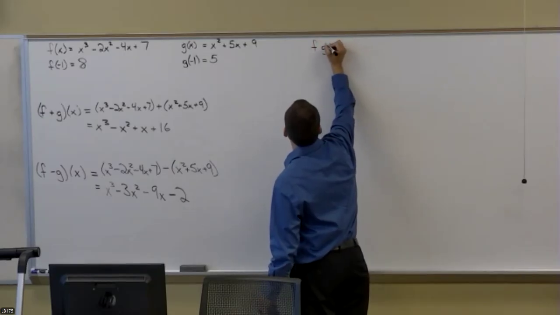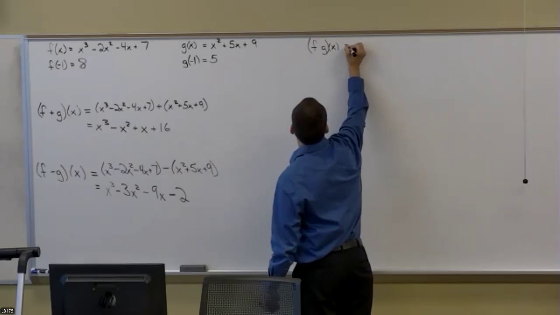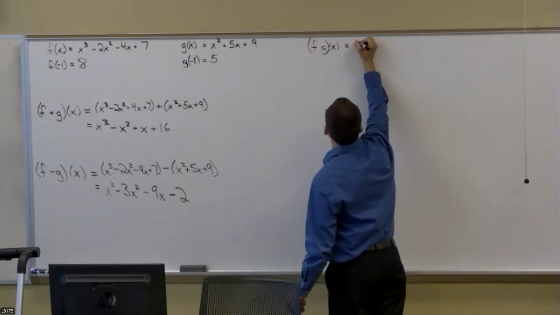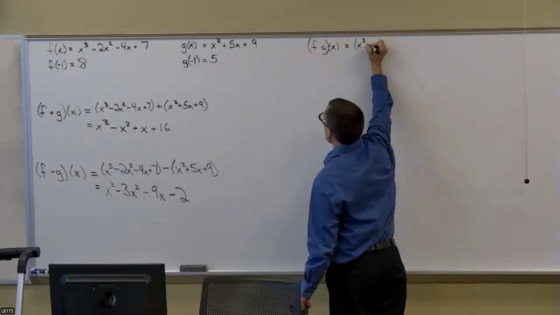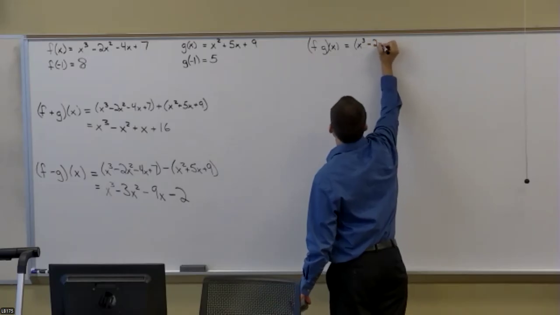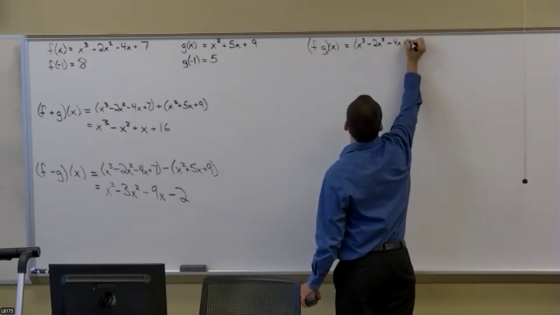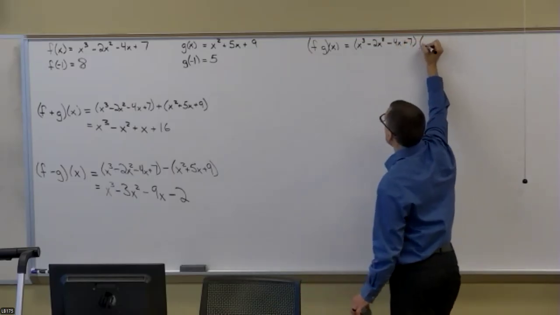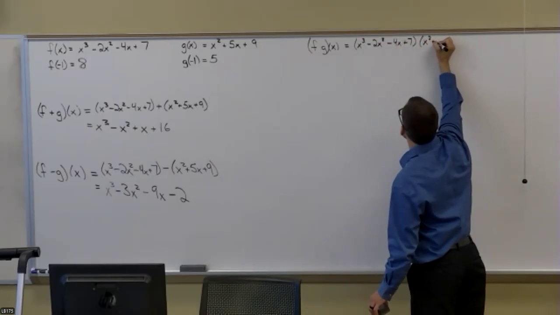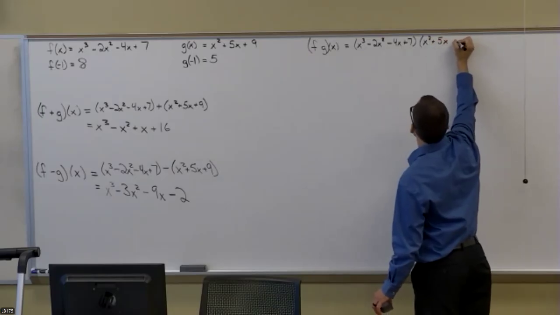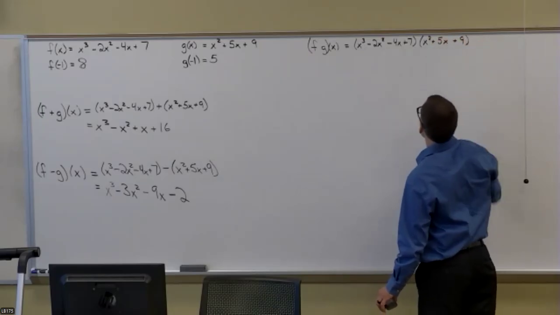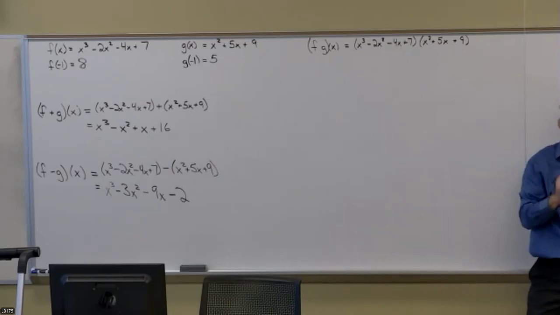F times g of x would be these two polynomials multiplied times each other. When you do that, you get a lot of terms.